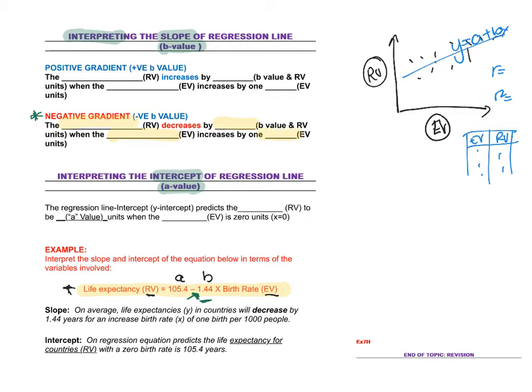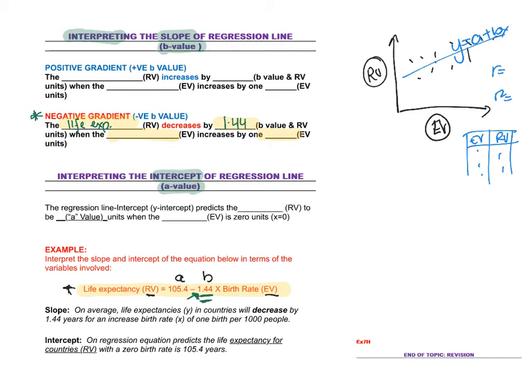So it says now you have to write what the RV is. So for this one, it is life expectancy, yeah? The life expectancy decreases by, now you just have to write the B value. The word decrease means negative, so you don't need to write that. So it decreases by 1.44.